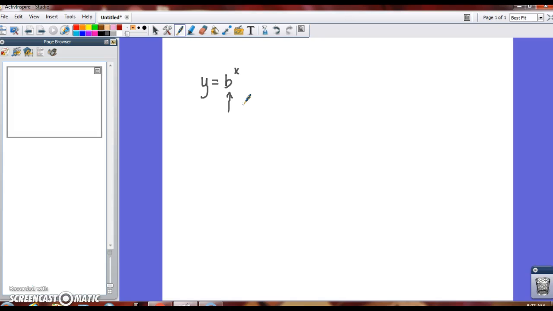We could either have exponential growth or we can have exponential decay. In order to have exponential growth, that b value is going to be greater than 1. Exponential decay would have a b value between 0 and 1. So those are the differences between those two.